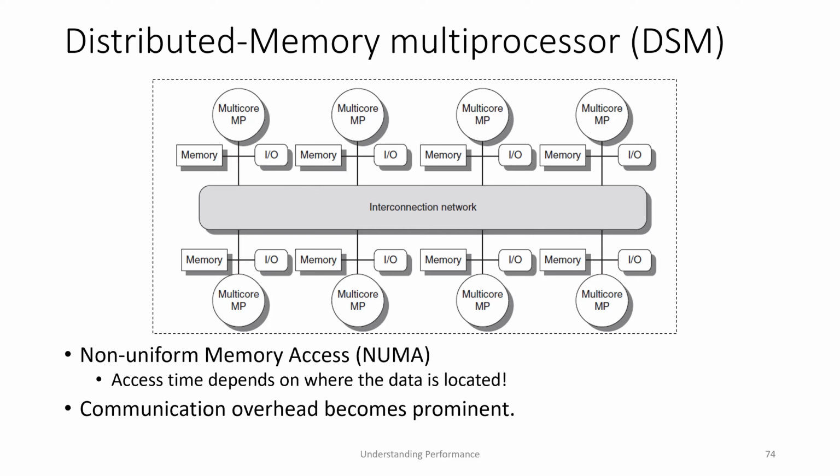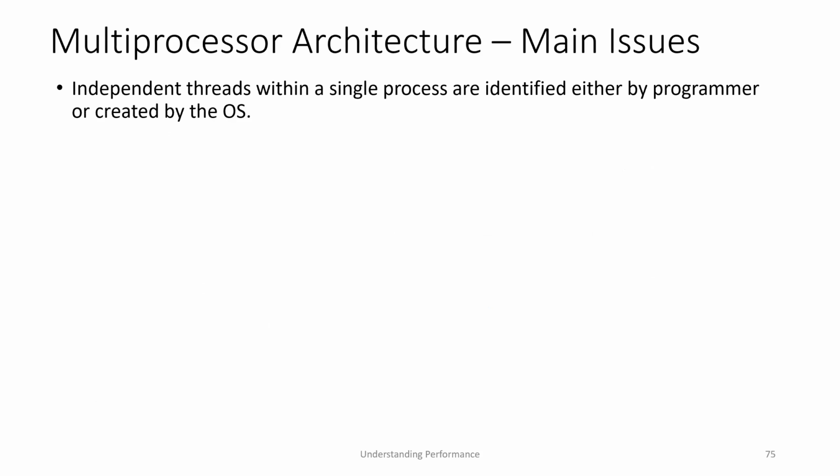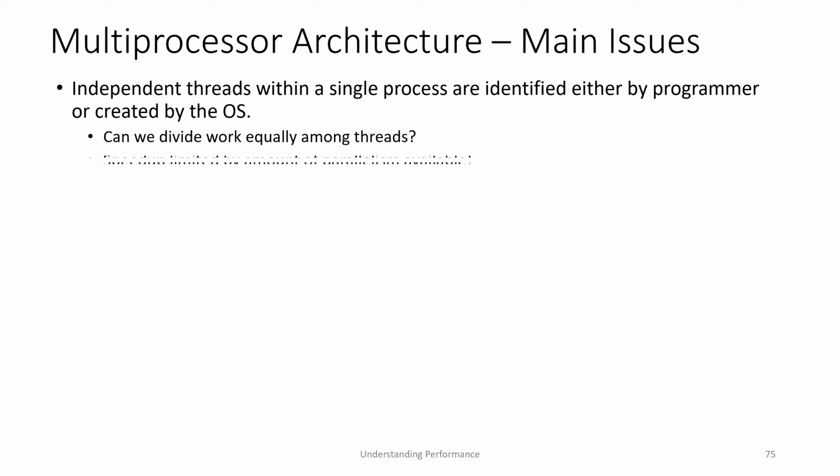The more the traffic on the interconnection network, the higher the latency to retrieve some data item, right? Now, in multi-core architectures, the main issue is how do we divide a program into multiple equal threads? The speedup would be completely limited by the parallelism that is available.